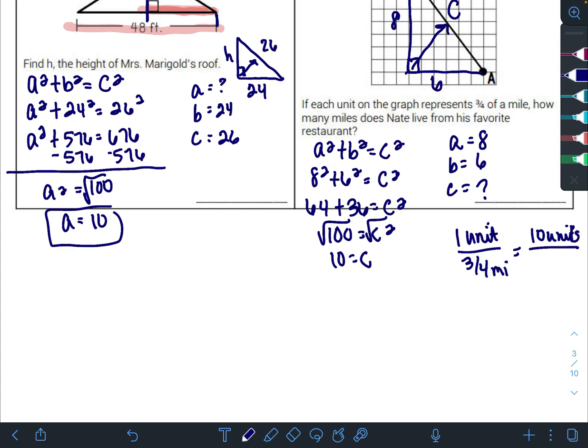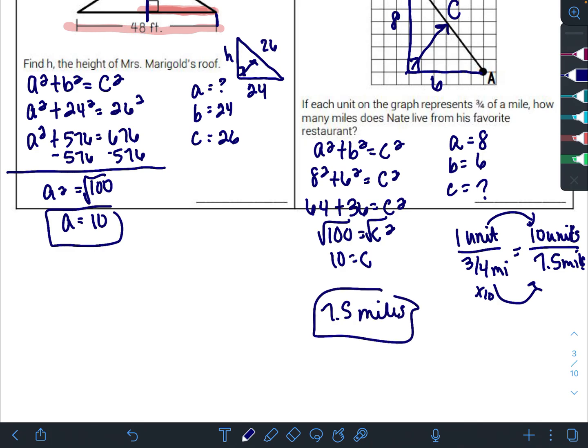So to go from 1 unit to 10, I multiply by 10. So to go from 3/4 of a mile to figure out how many that is, I've got to multiply by 10. So 10 times 3/4 would give me 7.5 miles. So he would be 7.5 miles away from his favorite restaurant.